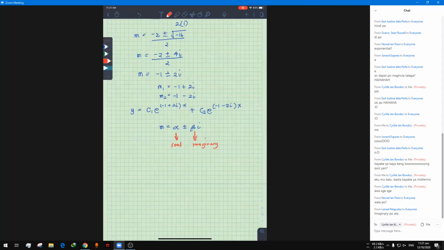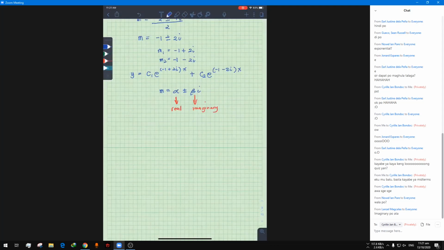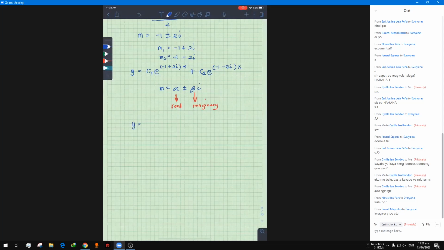So ayan, sabi natin kanina, kung ganyan ang solution niya, y would be equal to C1 e raised to alpha plus beta I times x, and plus C2 e raised to alpha minus beta I times x.